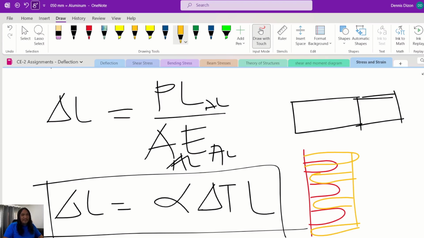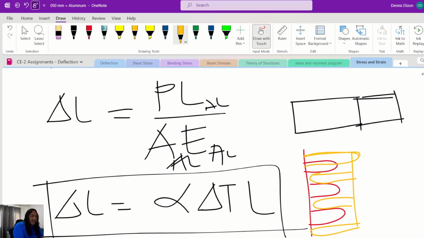So if the temperature is really hot, from the initial temperature, say for example 25 degrees or 26 degrees, and then during summer when it's really hot, the temperature would go as high as say 40. So you have that change in temperature which is 14 degrees, and if it is a positive change, then it would expand.